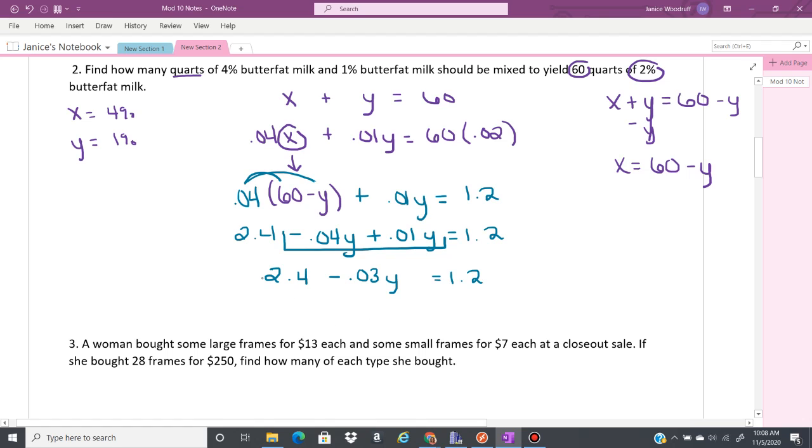We're solving for y here, so I'll take this positive 2.4 and subtract it from both sides. These will cancel out. I'll have a negative 0.03y come down. And then 1.2 minus 2.4 should be a negative 1.2. And then lastly here, I will divide by a negative 0.03.